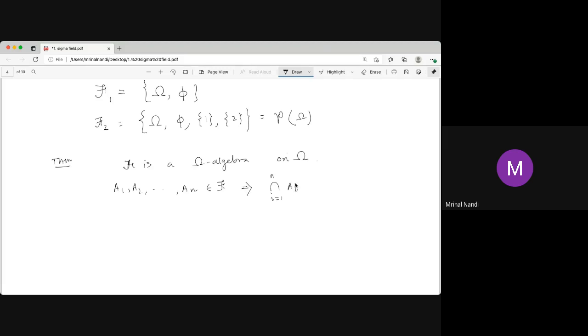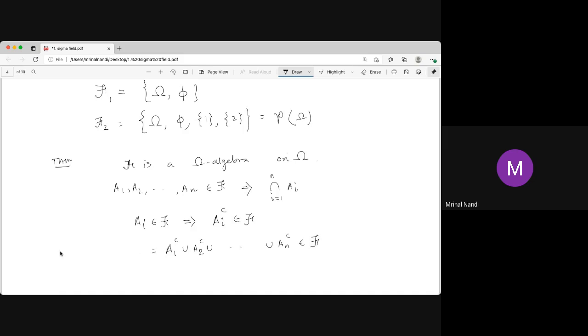In the definition this is not taken; we just say the union must be there, but now I am claiming that the intersection must be there. Why? This is very easy. Since the Ai are in the collection, their complements must be in the collection, so their union is in the collection, because the union must be in the collection.